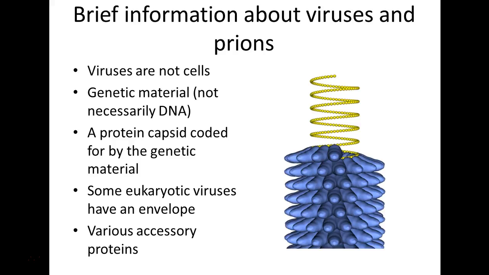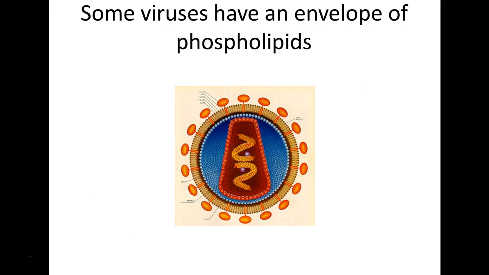Viruses are usually a capsid, a protein box, shown in blue in this picture, and a piece of genetic material, usually, not always, but usually DNA, shown in yellow in this picture. But some viruses, beyond having the basics, the protein box encoded by the genetic material, also have a phospholipid bilayer.